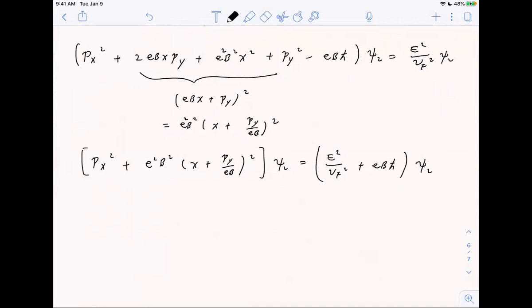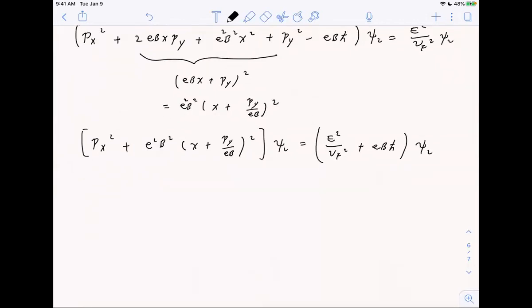Okay, now let's compare it to the equation of the massive particle.